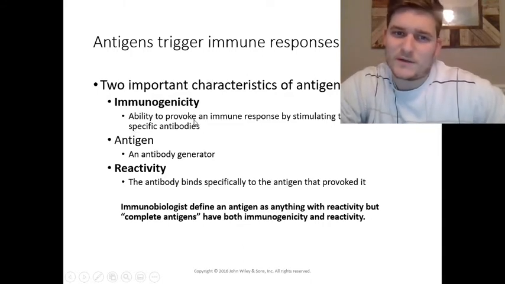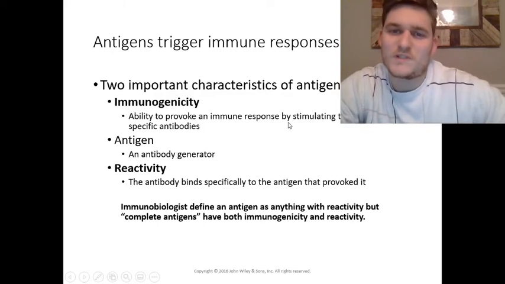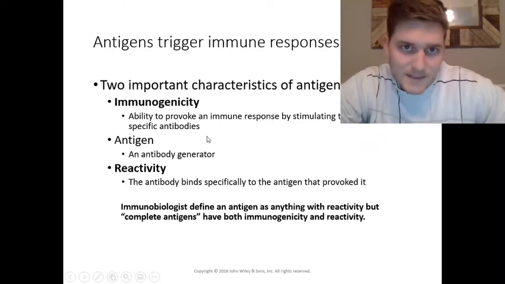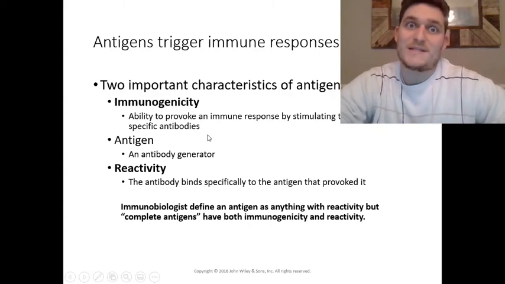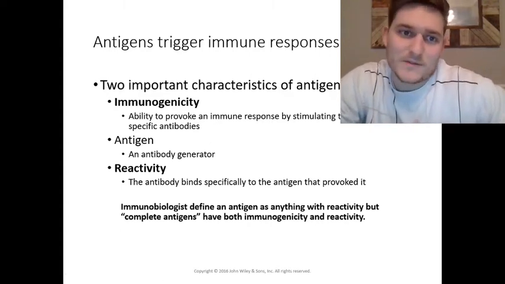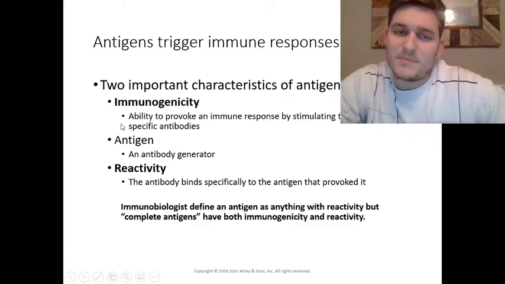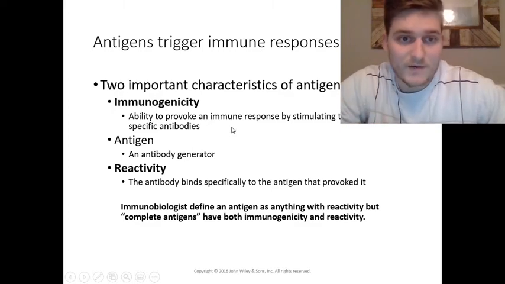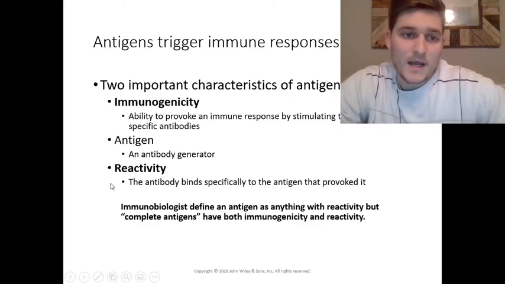Immunogenicity is going to be the ability to provoke an immune response by stimulating the production of specific antibodies. And we'll dive into B cells in a second, but these B cells are going to create antibodies in order to try to stop the spread of certain viruses and certain bacteria.